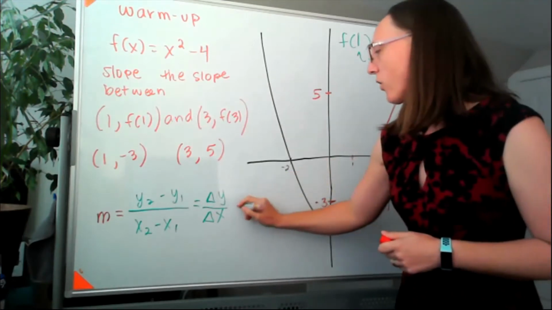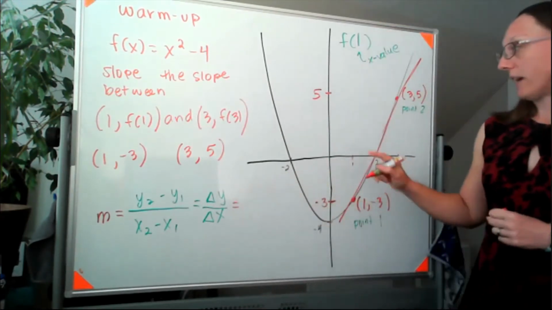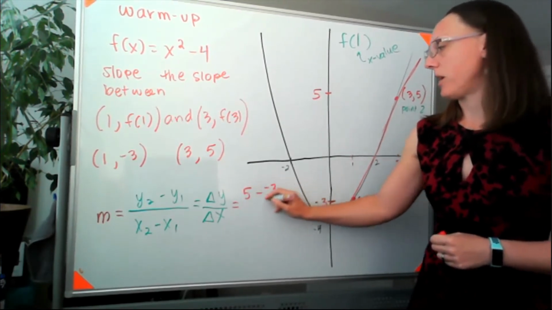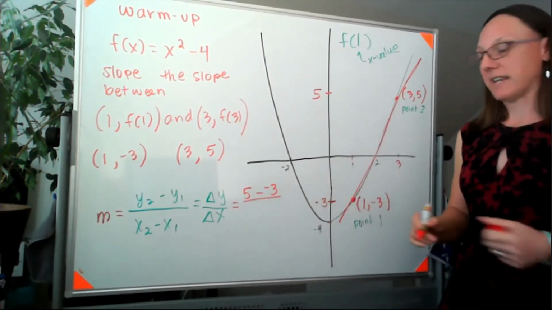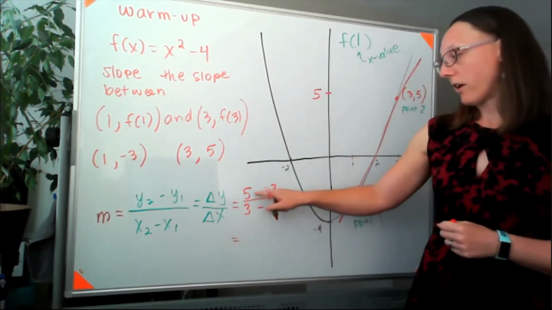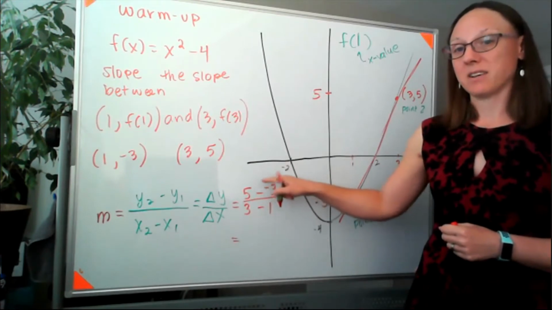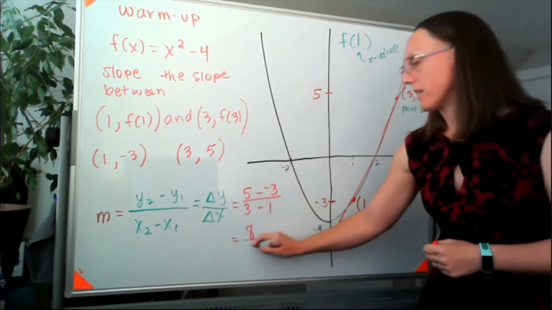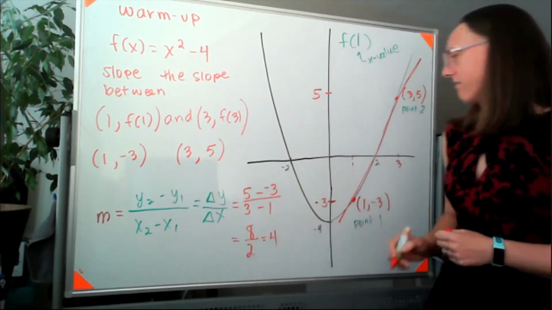So when I find that slope, my y2 minus y1 is going to look like 5 minus negative 3. And my x2 minus x1, I'm looking at 3 minus 1. So in the numerator, 5 minus a minus is going to make that plus. And 5 plus 3, I get 8. And in my denominator, 3 minus 1, I get 2. So that slope was, in fact, 4.